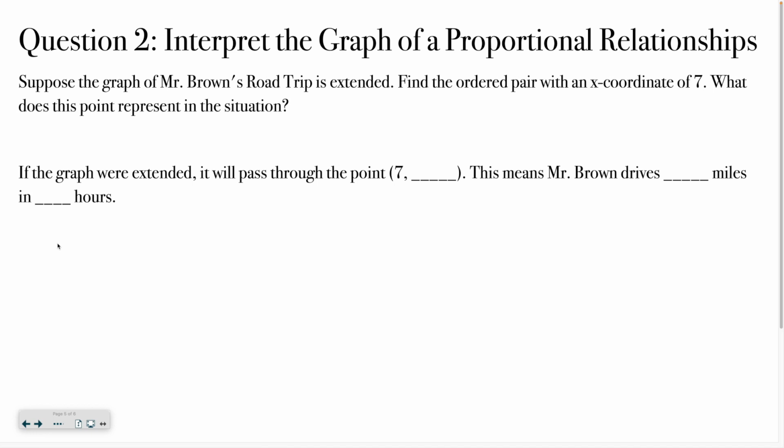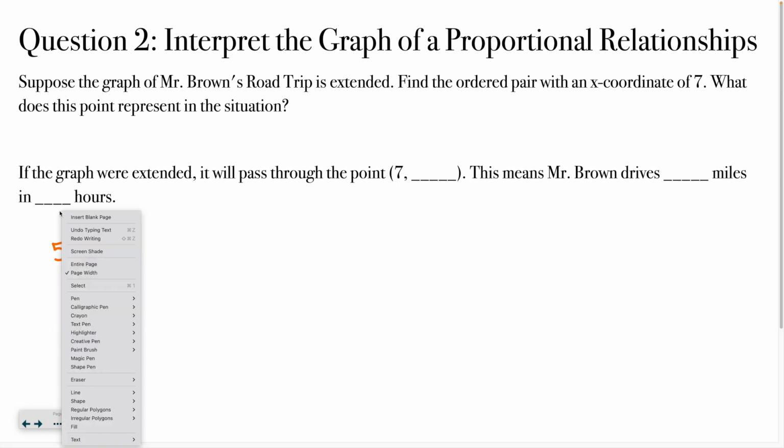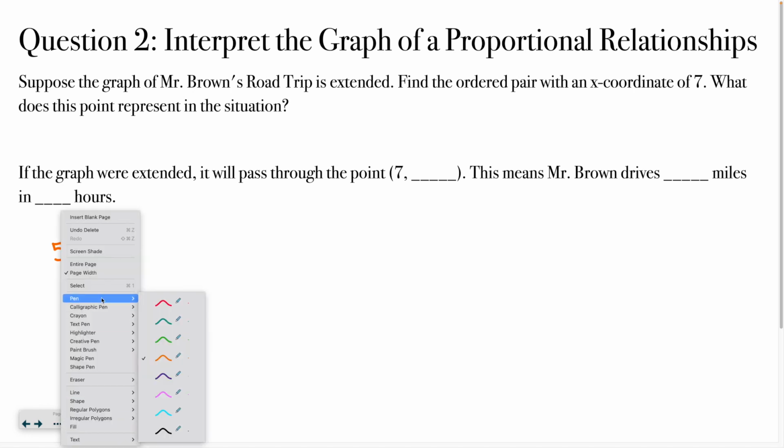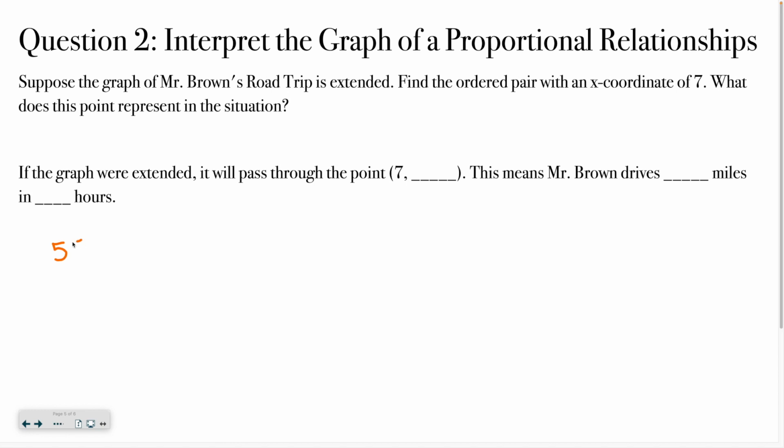We want to keep that information. So we want to keep that same information when it comes to solving this problem, okay? So he's gone 55 miles in 1 hour, okay?